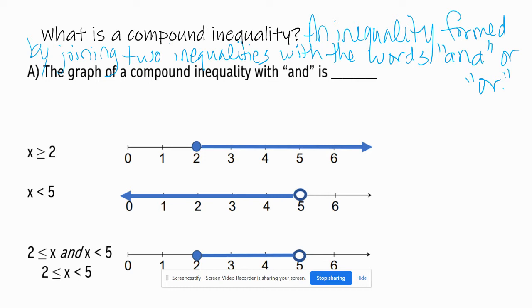So we have two inequalities and we're kind of squishing them together into one inequality.